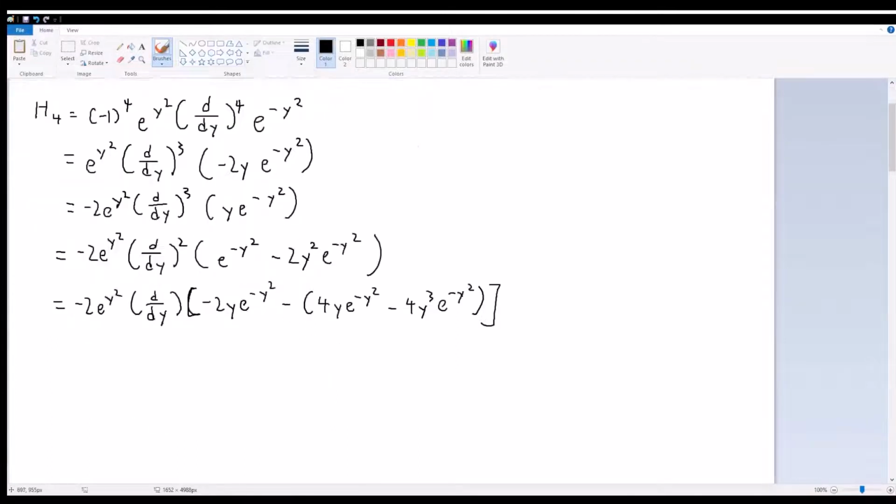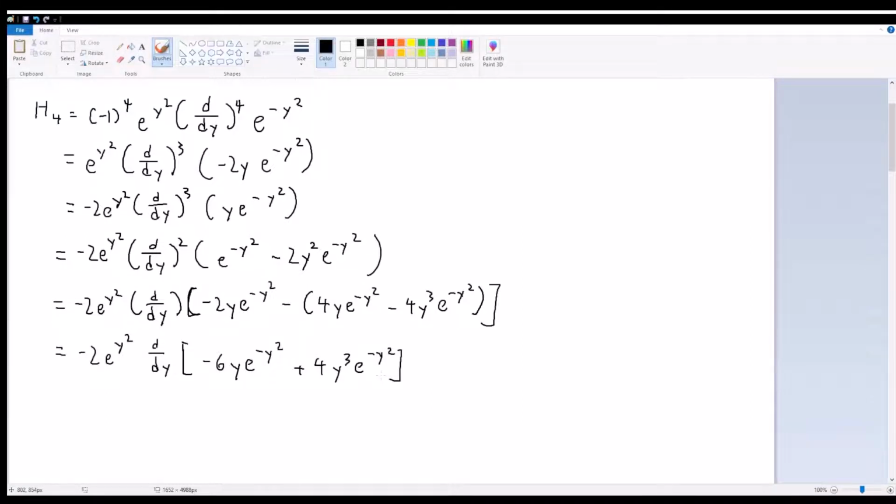And we combine terms and all that stuff, so this is going to give us negative 2e to the y squared d by dy, and then what is this? Let's see, negative 6y e to the negative y squared plus 4y cubed e to the negative y squared.